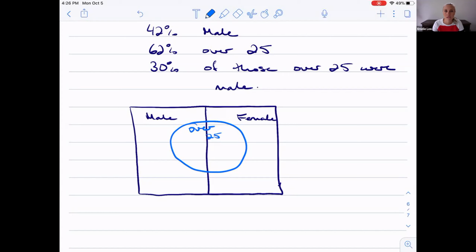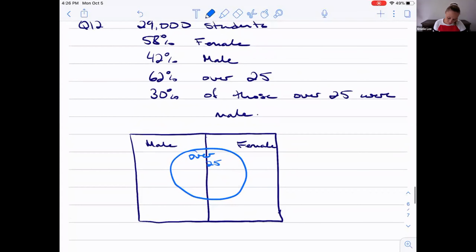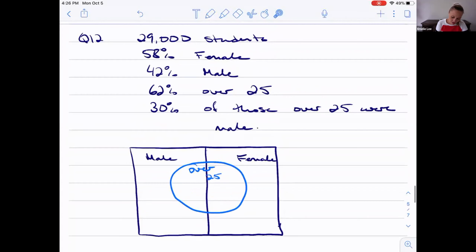So here, we've got a total of 29,000 students. Okay. 58% of them were female and 42% were male. 62% of the 29,000 were over 25.